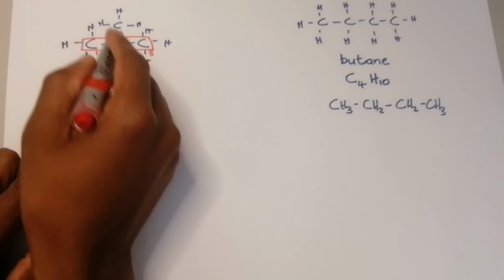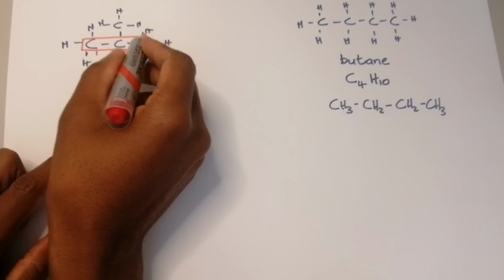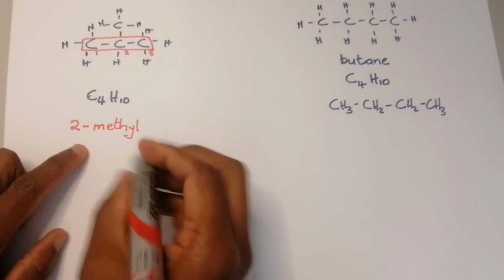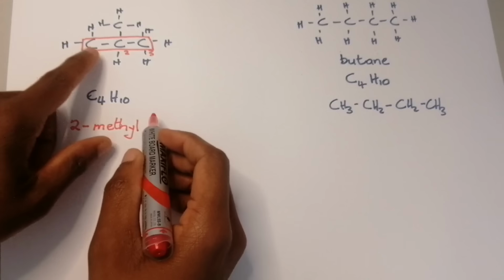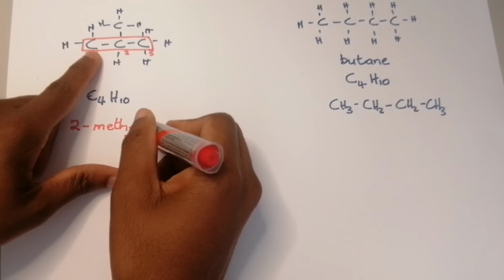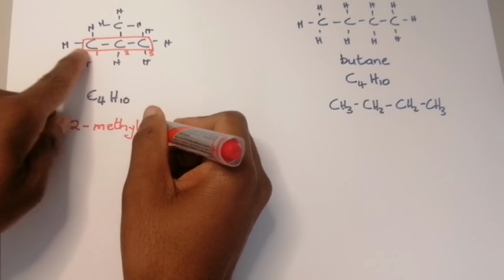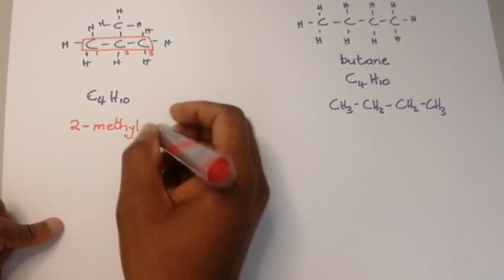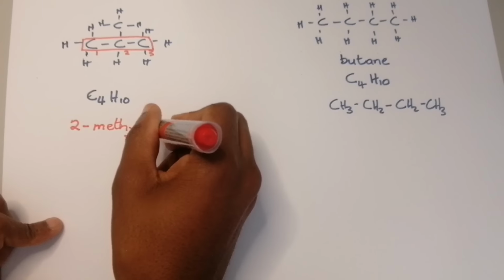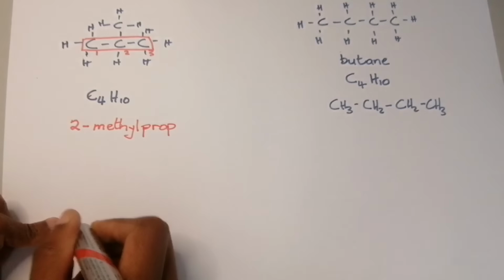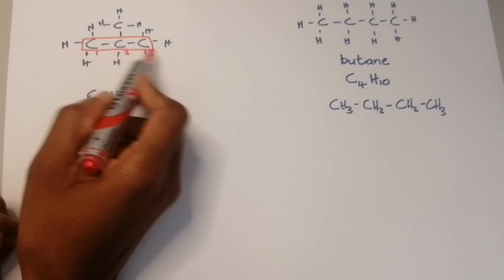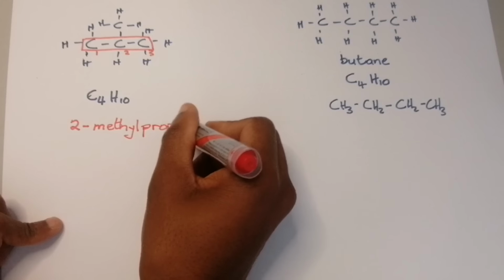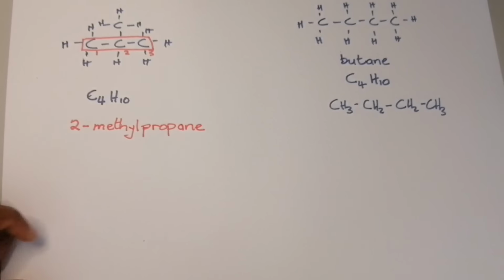At carbon number 2, we've got a methyl, and then the last part. How many carbons do I have in my parent chain? I've got 3. So this becomes prop. And then I've got single bonds between each carbon atom. So this is going to be 2-methylpropane. Can you see that?